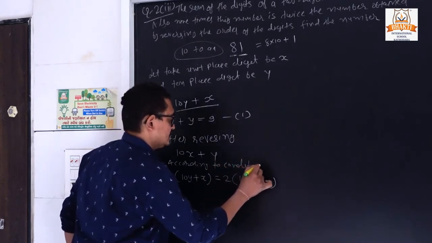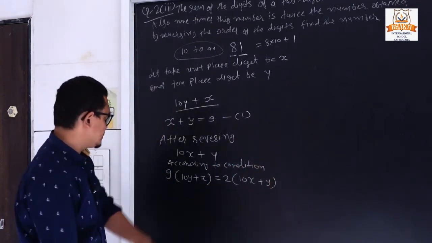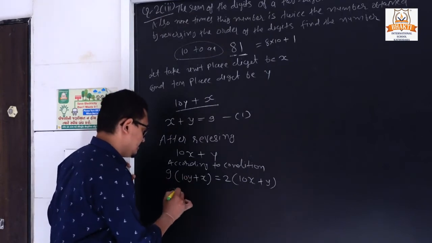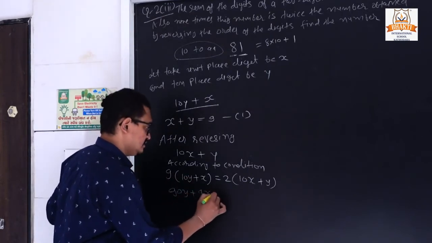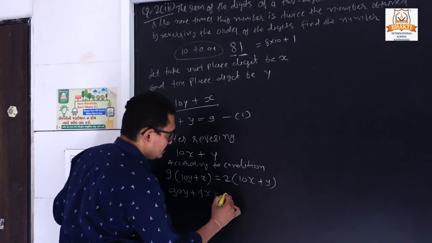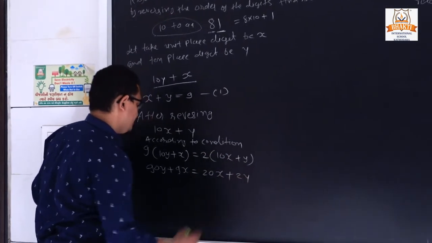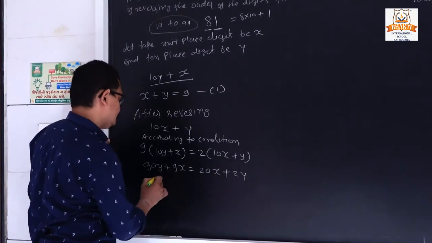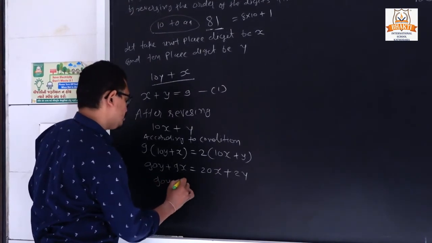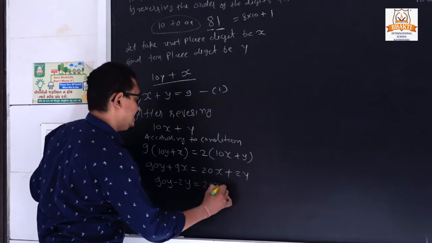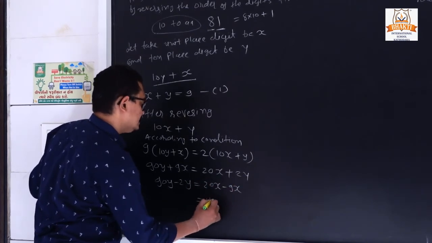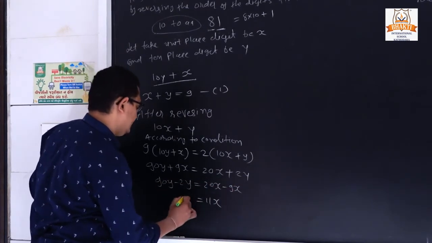Clear? Next, now we can simplify. So 90y plus 9x is equal to 20x plus 2y. Now simplify this, y goes to the other side. So 90y minus 2y is equal to 20x minus 9x. So it is 11x, and this is 88y.